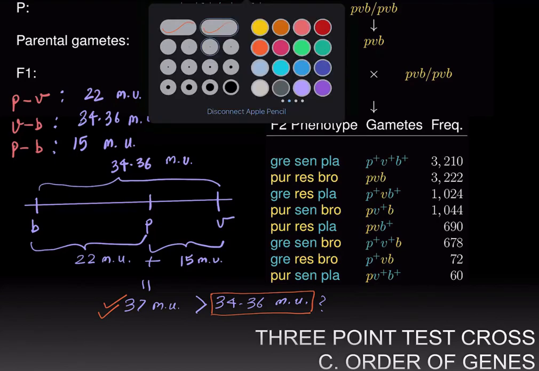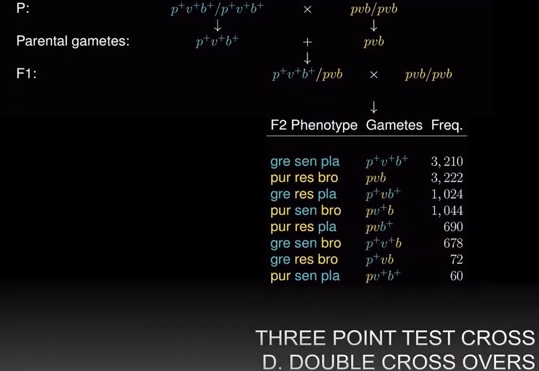In order to see why that is the case, let us draw crossovers between the two parental chromosomes. And so we have one parental chromosome which has V plus, P plus, and B plus.